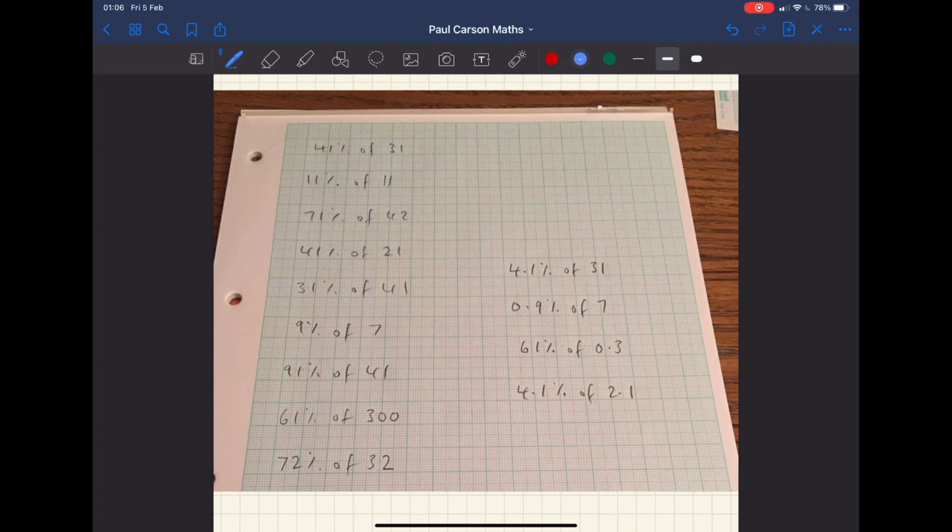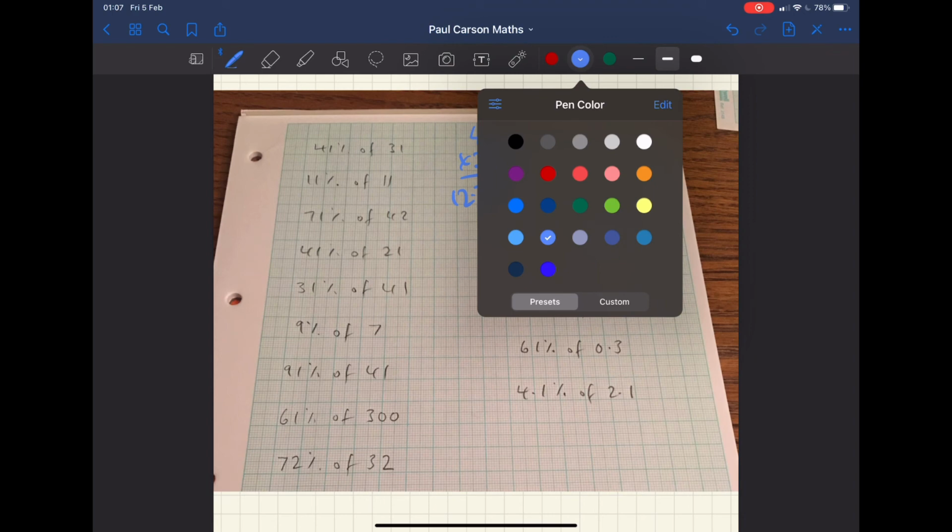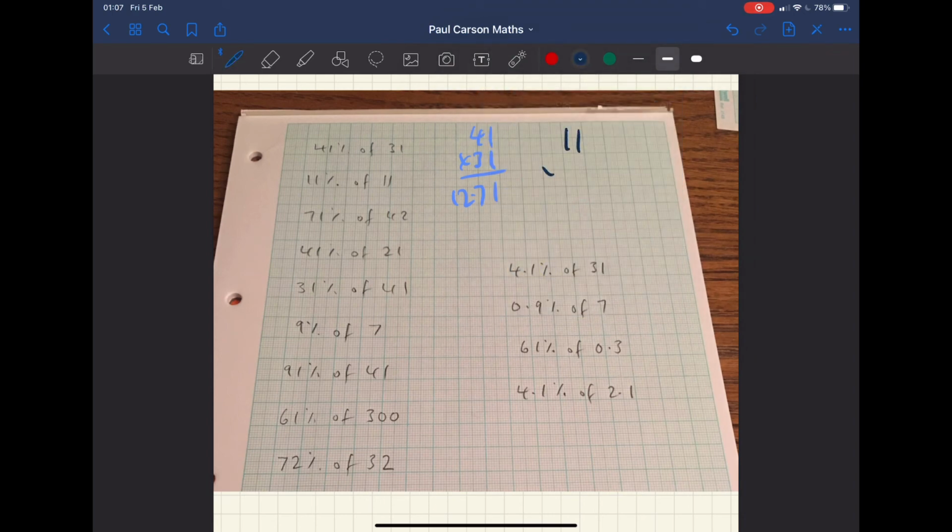So that's 41 times 31, which is 1, 7, 12, so it's 12.71. 11% of 11: 11 times 11, 1, 2, 1, 1.21. 71% of 42: 2, 14, 18, 7 4 is 28, 29.82. 41% of 21: times them together, 1, 6, 8, 8.61.